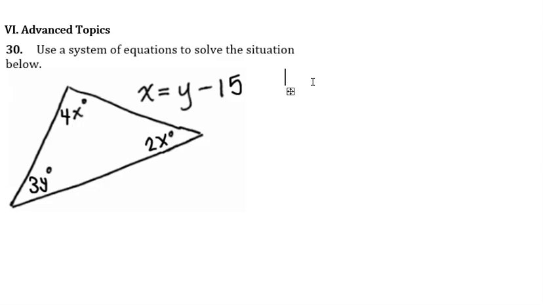So we have 4x plus 2x plus 3y equals 180. And if you combine like terms, you get 6x plus 3y equals 180. And then we also have the other equation, x equals y minus 15.